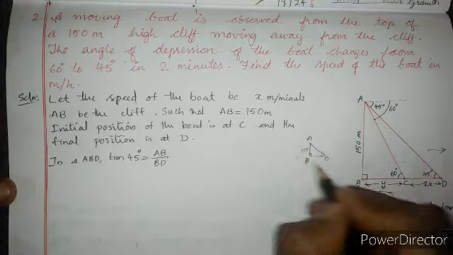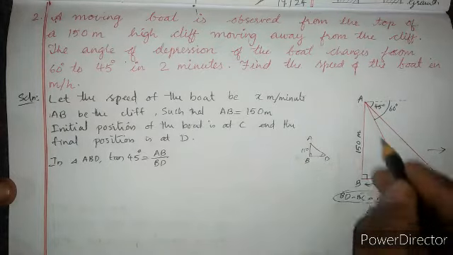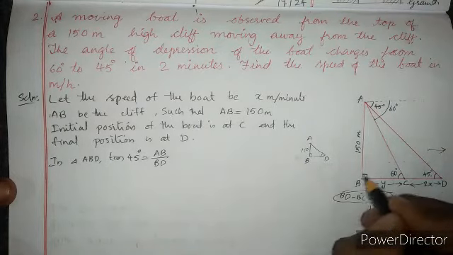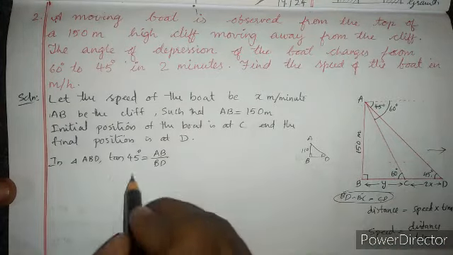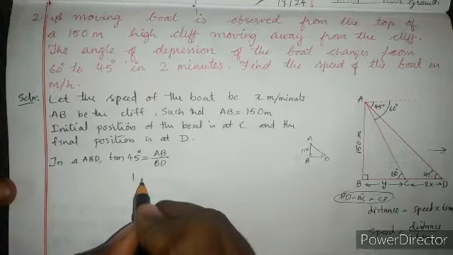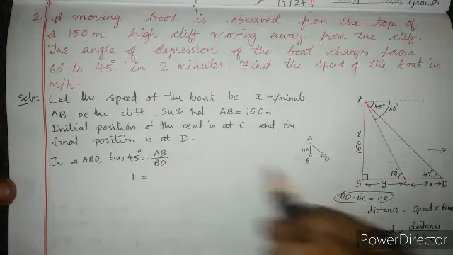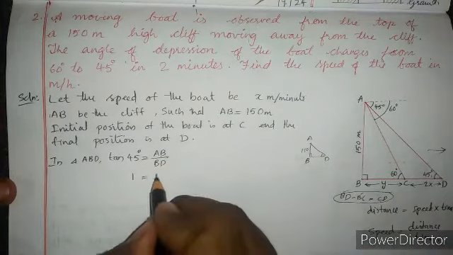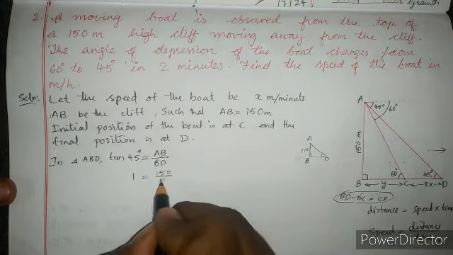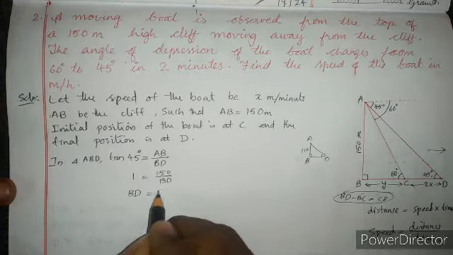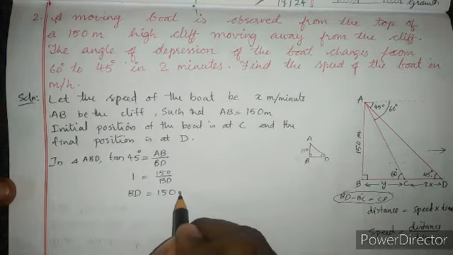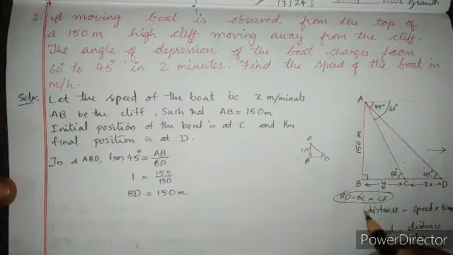That means from here only fix your eyes only on that small figure, नहीं तो कंफ्यूज हो जाएगा. इसके अंदर एक और ट्राइंगल आ रहा है, तो वो ट्राइंगल का लेना, ये ट्राइंगल का लेना, वो कंफ्यूजन हो सकता है. So leave it. tan 45 is 1 is equal to AB, जो दिया है 150, divided by BD. क्रॉस मल्टीप्लाई करेगा तो BD is equal to 150 मीटर. So you got BD.